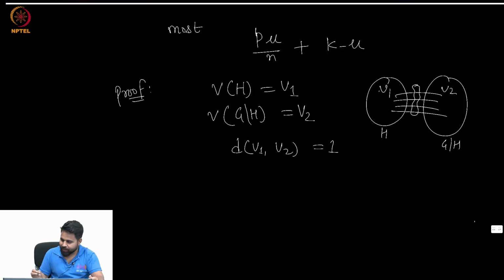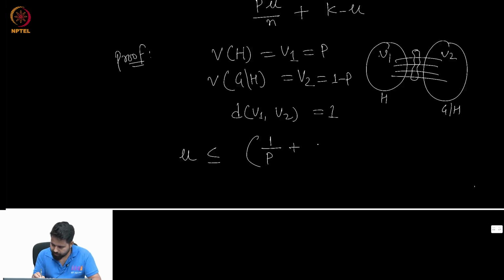Remember we know that mu is always less than or equal to, since the distance is 1, I am ignoring that fact, 1 divided by p plus 1 divided by n minus p, times the number of edges going from H to its complement.